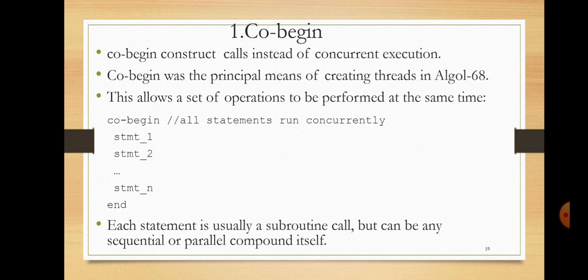These statements can be either subroutine calls or parallel or compound statements, and by executing this set of statements, n threads will be created and all these statements can be executed in parallel. The same syntax can be used in C also, but there we have to use the hash pragma omp keyword.